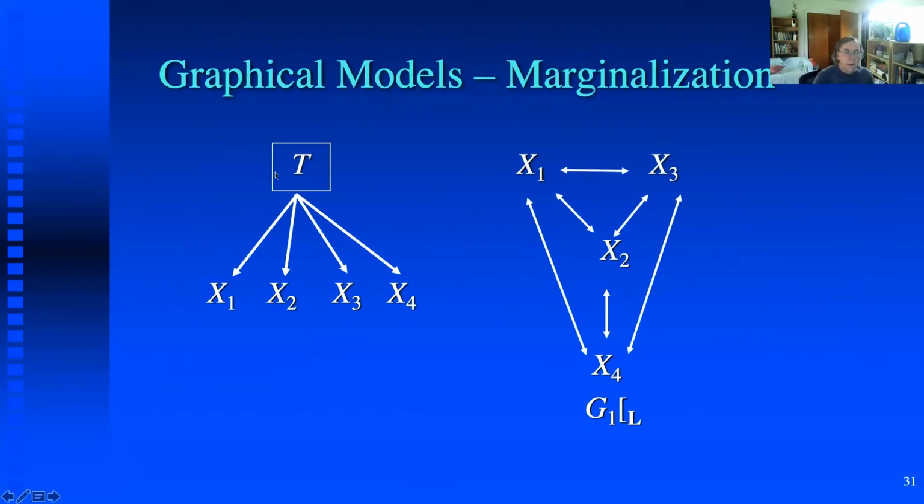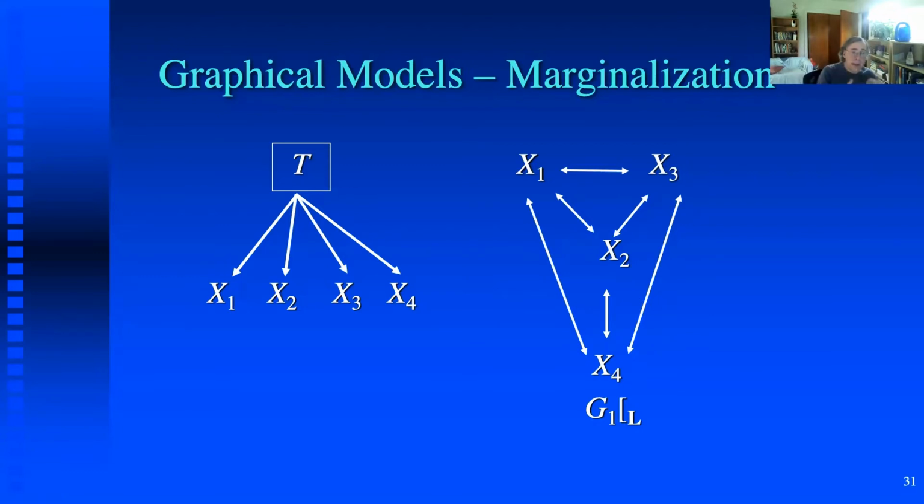If this is my graphical model and I perform the marginalization operation, then what I would get is the graph on the right, which is a maximal ancestral graph, and it has double-headed arrows everywhere.